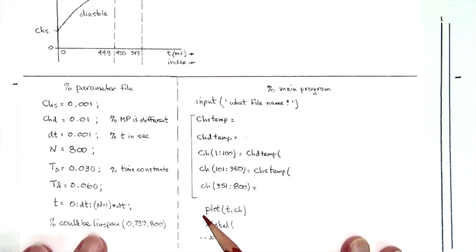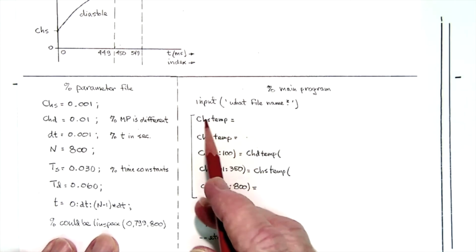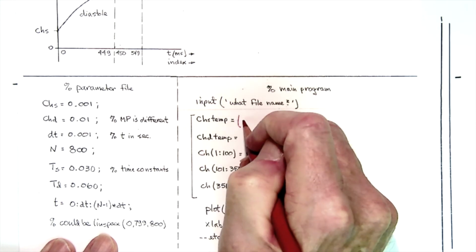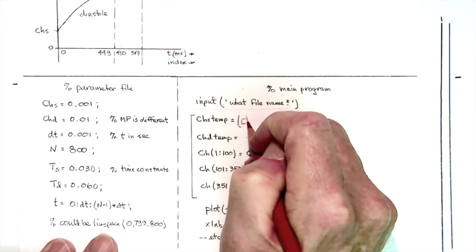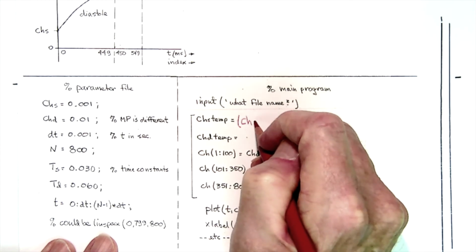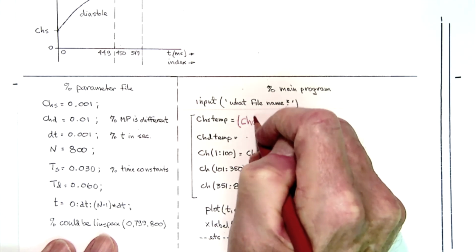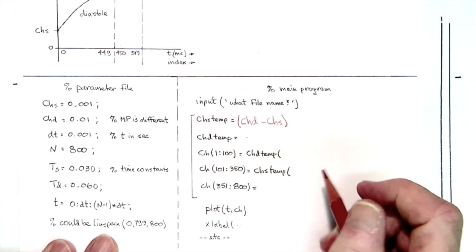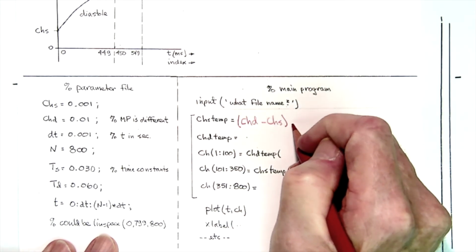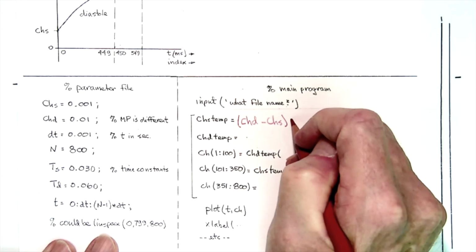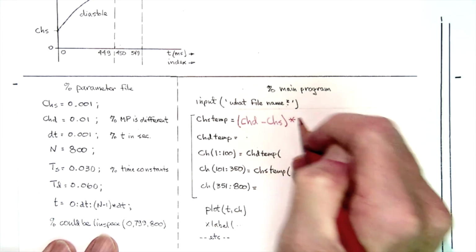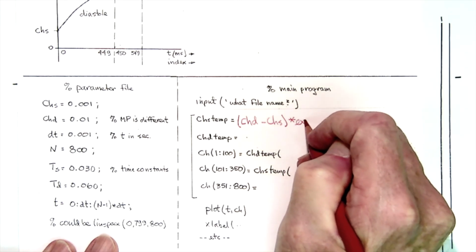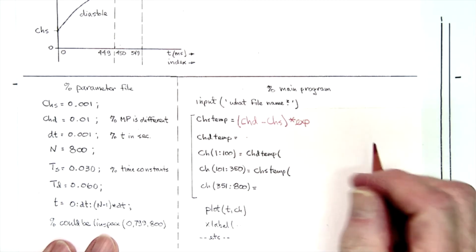Now, going back to the main program, the very first thing you're going to write is what we've just written above for generating CHS temporarily, which is CHD minus CHS, that's the initial value minus the final value, times e to the minus t over tau. But be careful: in MATLAB, the way we enter an exponential is not with an e, but with the EXP command.